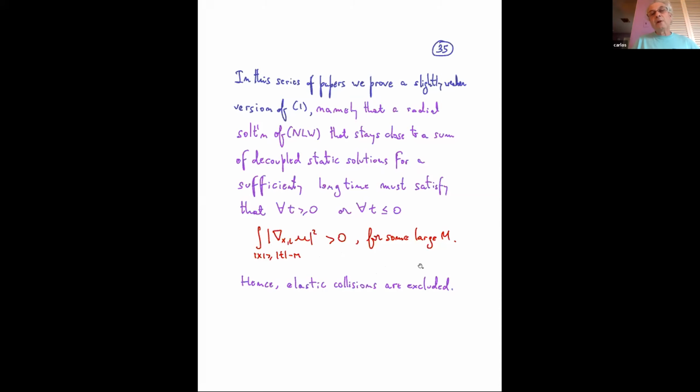And this slight loss is what takes care of the new dimensions in those finite dimensional spaces. And this is enough to exclude elastic collisions.